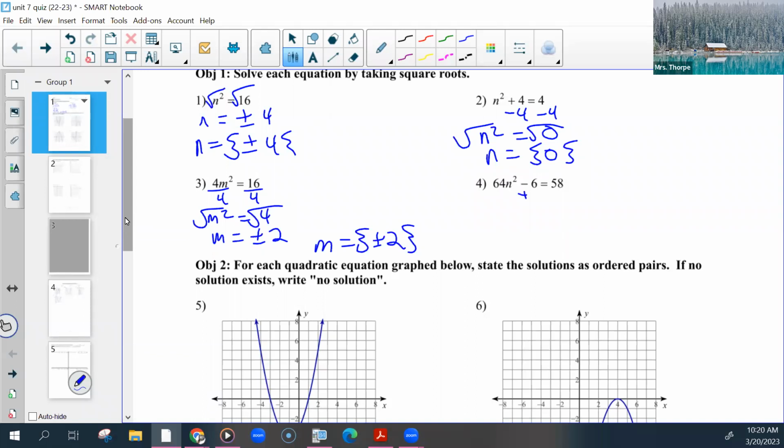Four, you had to get rid of the 6 by adding. Then divide. Then take the square root of both sides.